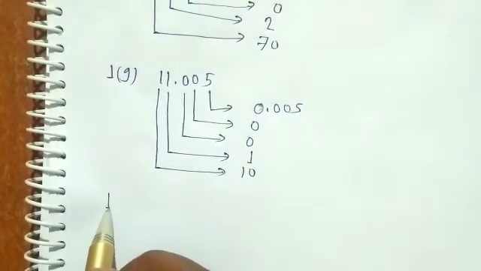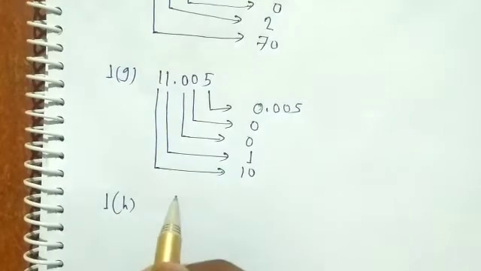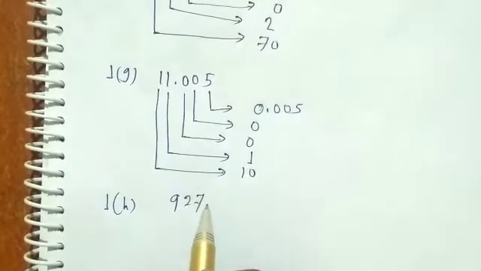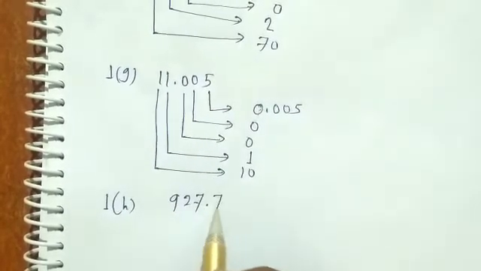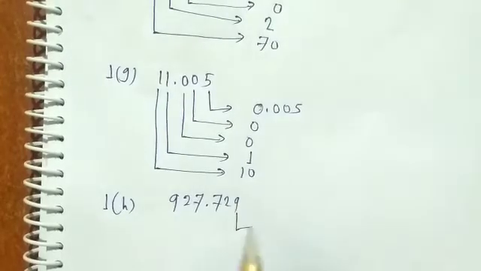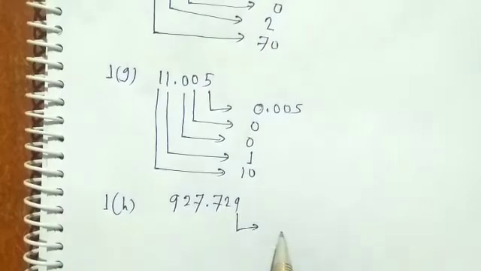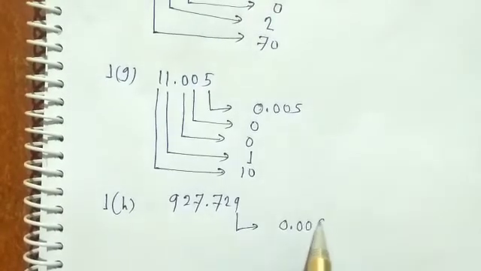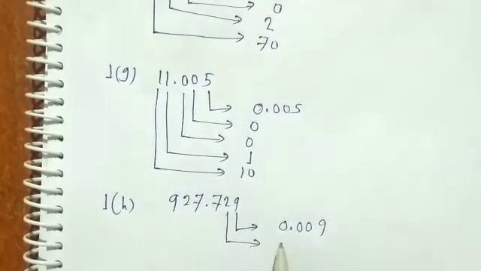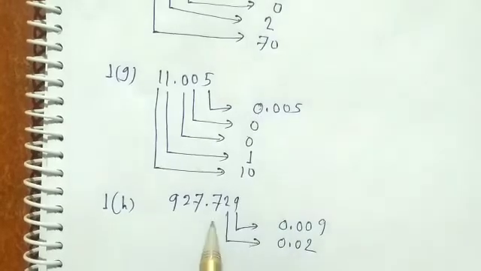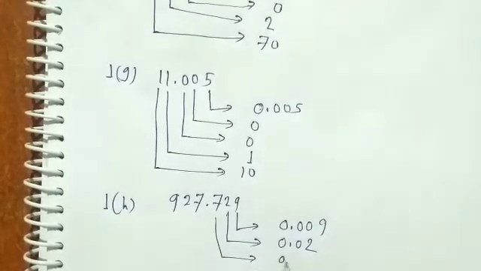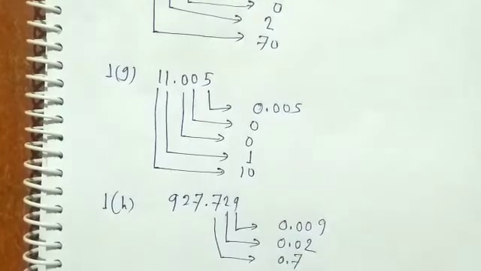Question number 1, part H, this is 927.729. Place value of 9 is at the thousandth place, meaning 0.009. Place value of 2, 0.02. Place value of 7, 0.7.